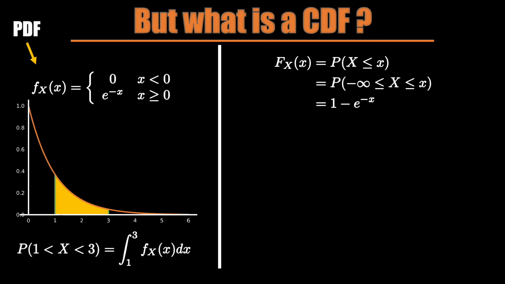Now I will prove to you that we can obtain the same result as we got earlier when I integrated it manually. Here I have written the problem in a bit different manner, but you should see that it is still valid. Essentially, the area under the curve can be computed by first computing the probability between negative infinity and 3, and then subtracting the probability between negative infinity and 1.